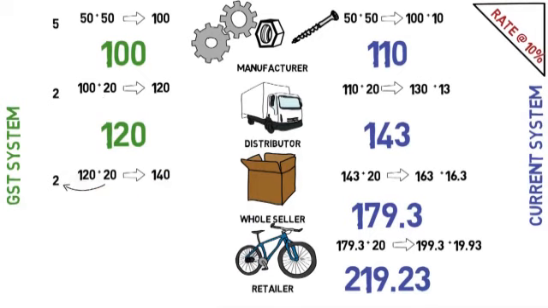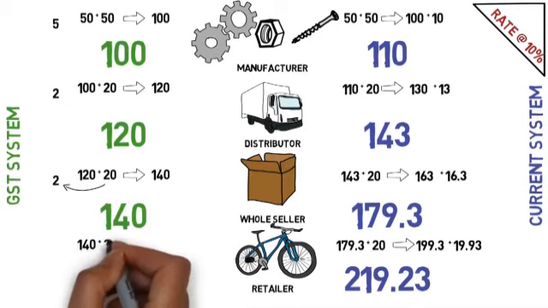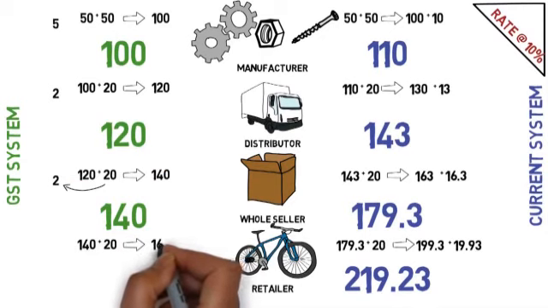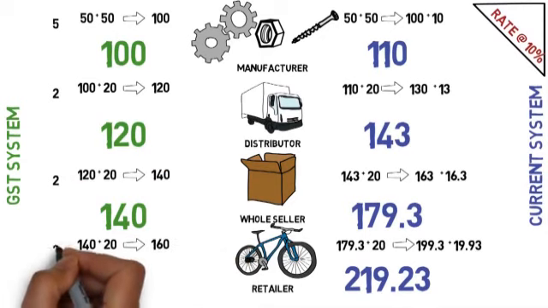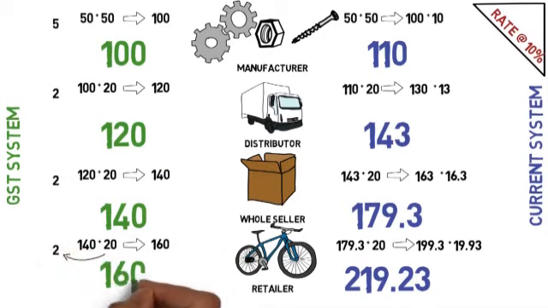Retailer buys the product for 140 rupees, adds profit of 20 rupees, pays the taxes of 2 rupees on his profit of 20 rupees and raises the final consumer price to 160 rupees.